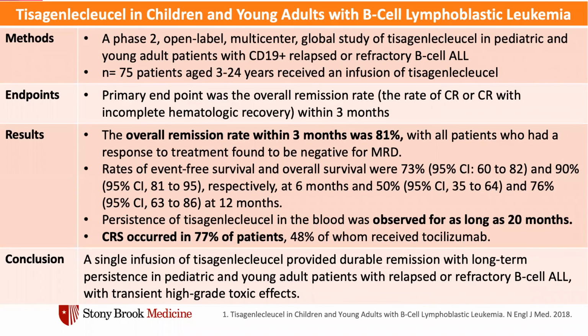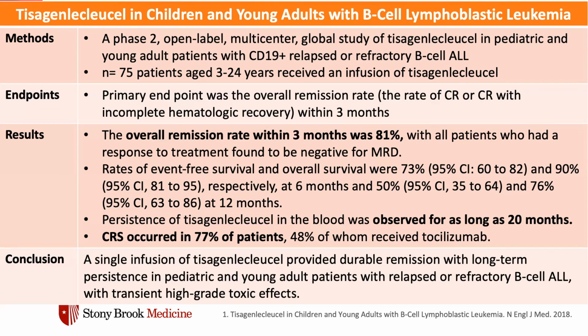But now going into the literature, we have tisagenlecleucel in children and young adults with B-cell ALL. This is a phase 2 open label multi-center global study of tisagenlecleucel in those with relapsed or refractory B-cell ALL. There were 75 patients, ages ranging from 3 to 24 years, who received this CAR T cell infusion.